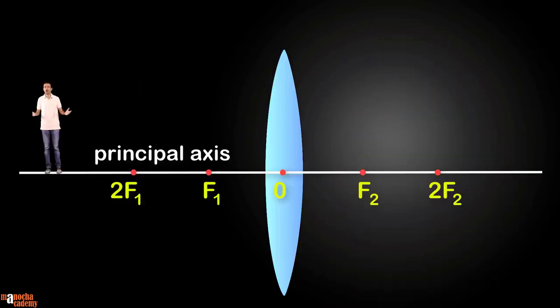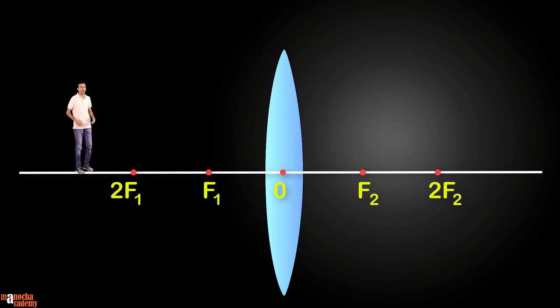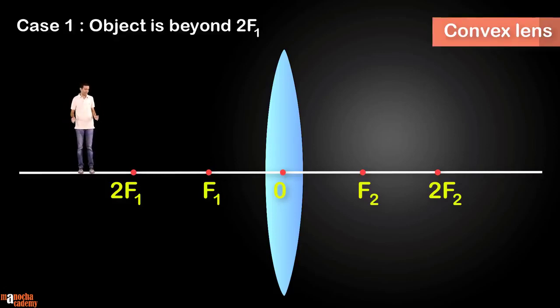Here I am on the principal axis. I'm far away from the convex lens. I'm going to walk and stand on different places on the principal axis. And as you'll see, my image will change based on my position. So let's start with case 1. I'm standing beyond 2F1.